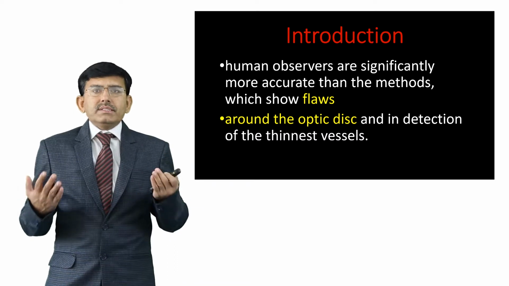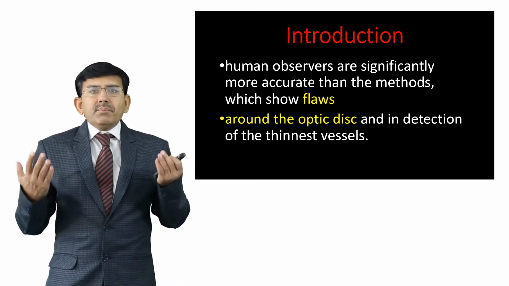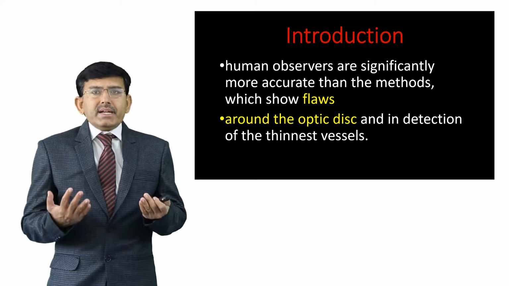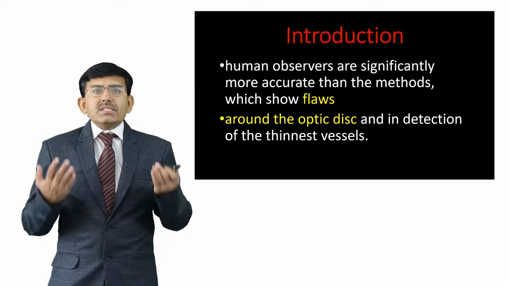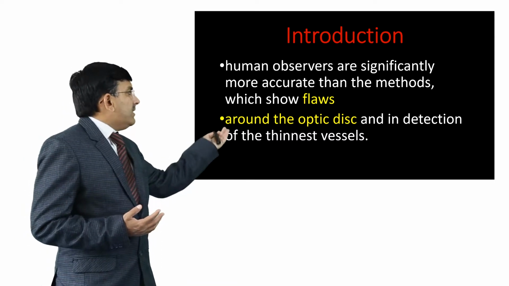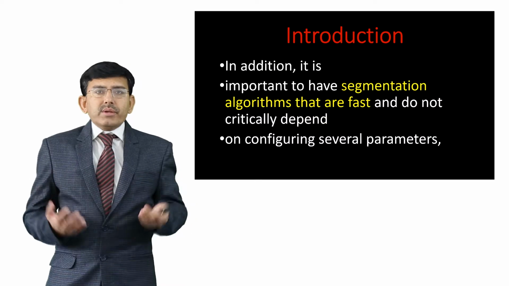Human observers are significantly more accurate than the methods, which show flaws around the optic disc and in detection of the thinnest vessels, which are newly grown and which may be a part of a lesion of microaneurysm.